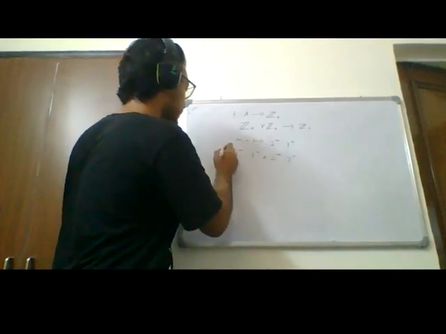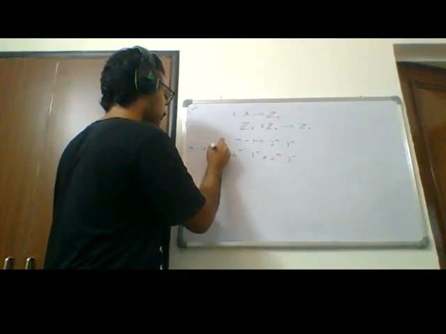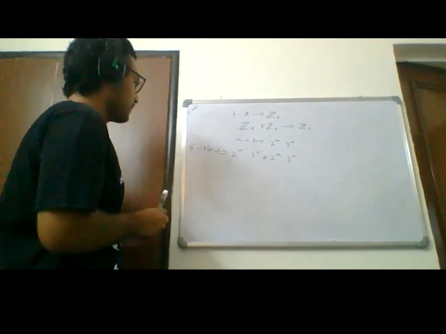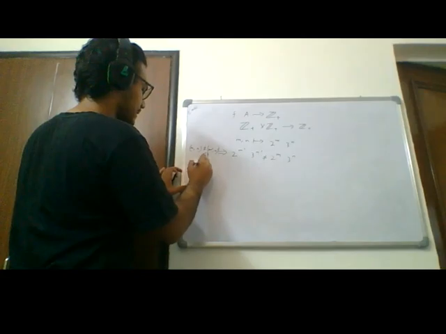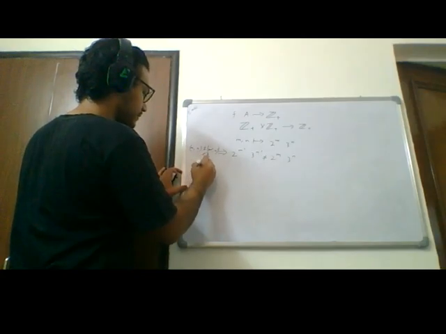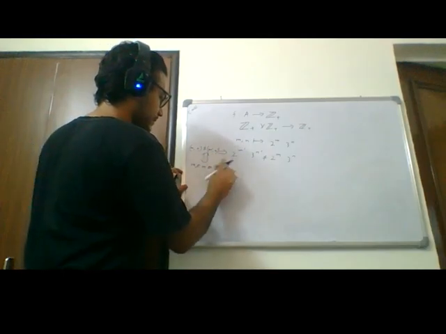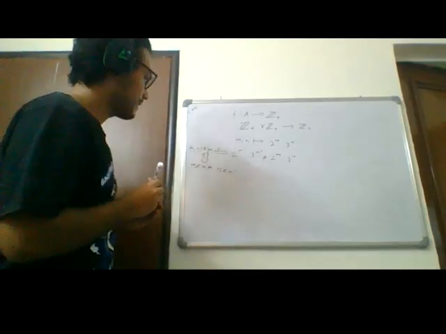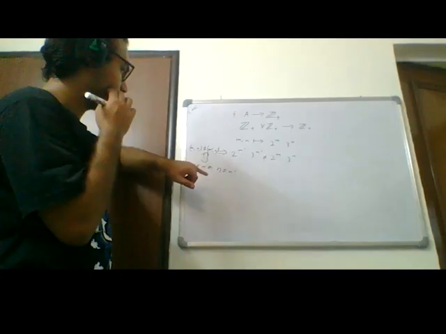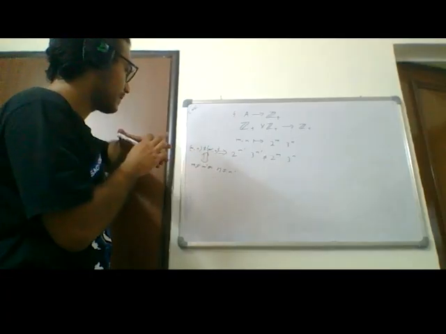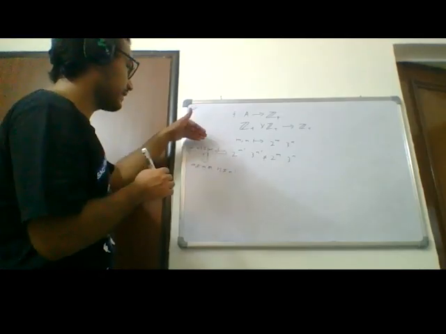Sorry, we have to show this given (m, n) is not equal to (m prime, n prime). This can happen only if either m is not equal to m prime or n is not equal to n prime. If both of them are equal, then the images happen to be equal.